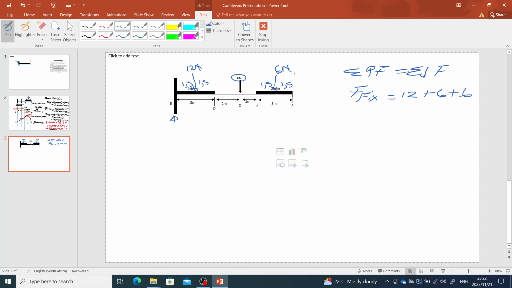Which 6? This 6 and that 6 that we have converted from the UDL. Then our answer is 24 Newton. Now here we are having the 24 Newton force. Then our beam is balanced. We can then go ahead and draw the shear force and the bending moment.